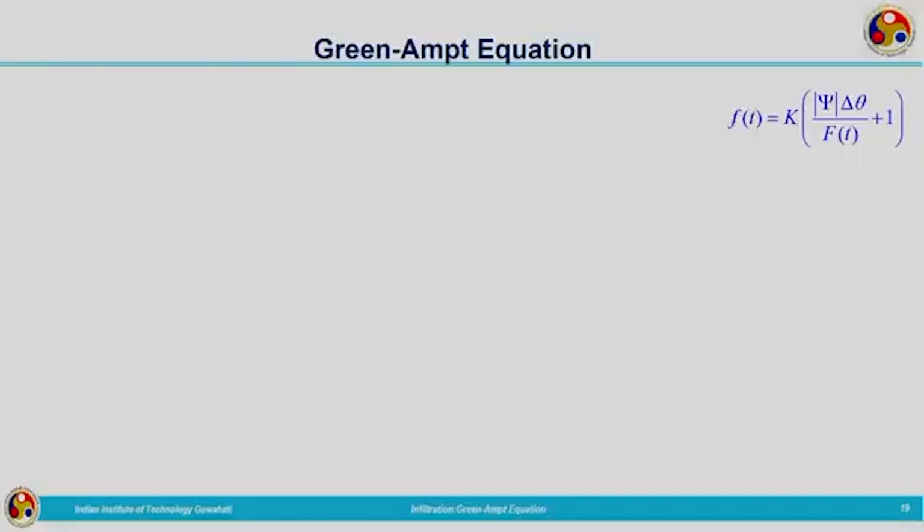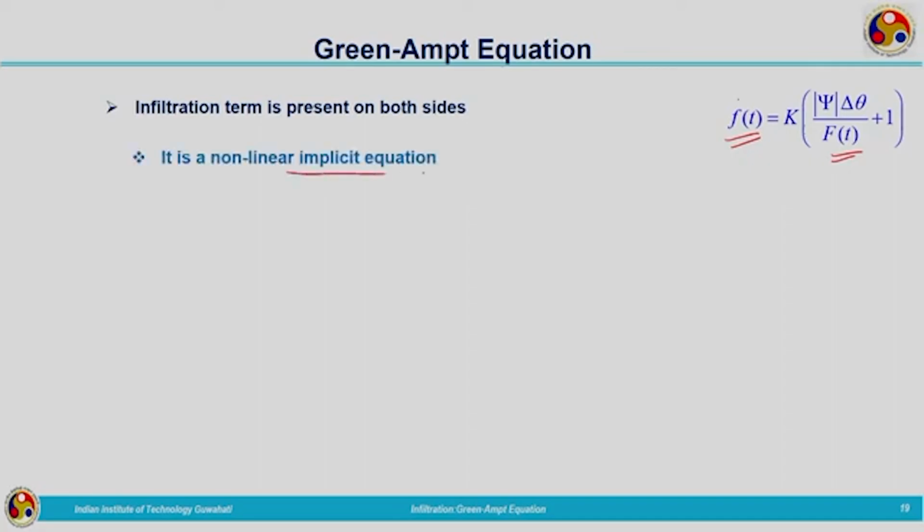Now, small f of t is given by this equation. Infiltration rate is there on the left hand side, capital F of t there on the right hand side. So, infiltration is present on both the sides. If you look at the cumulative infiltration also, capital F of t is present on both the sides. So, finding the solution of this equation is not that easy. It is a non-linear implicit equation.